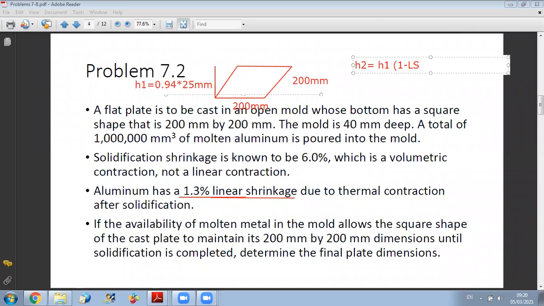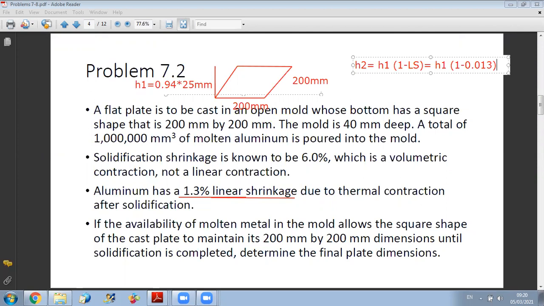So it is equal to H1 times 1 minus 0.013.